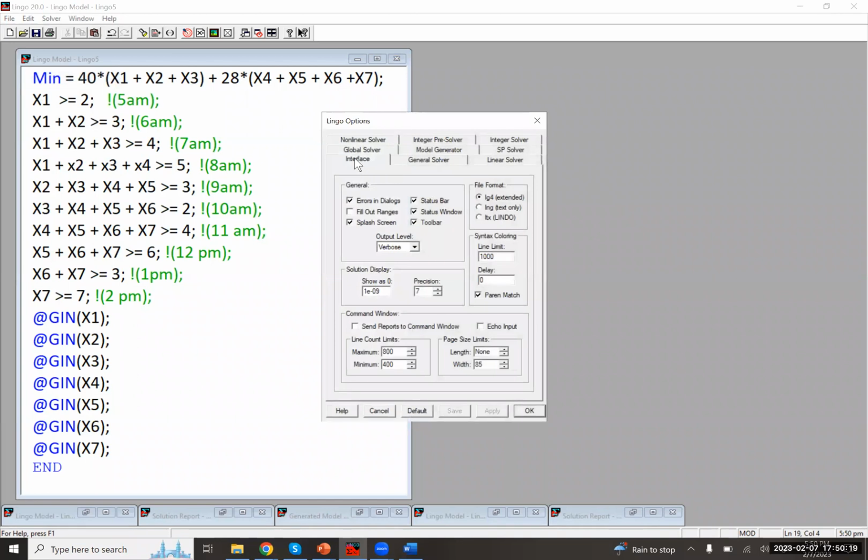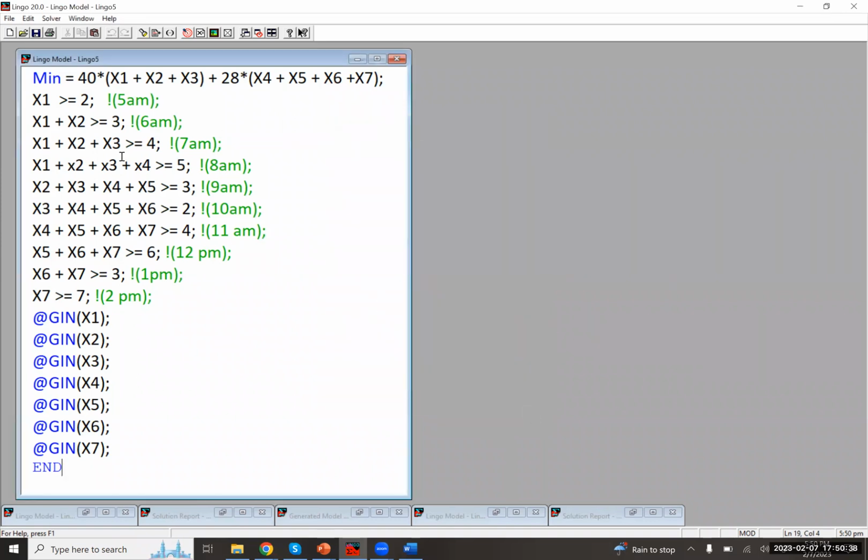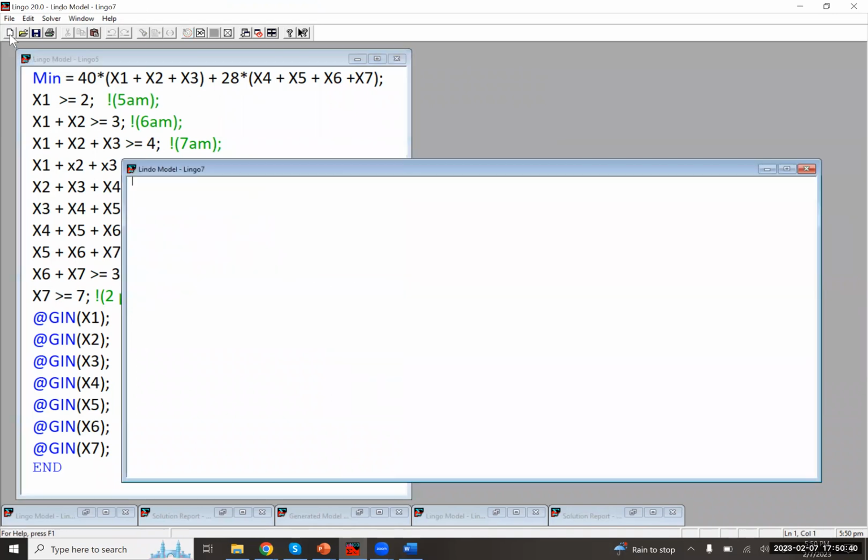And be sure to choose the interface tab. And within this box, file format, you are going to choose LTX, parentheses, LINGO. And make sure to apply, save. Okay. And then open the new window.